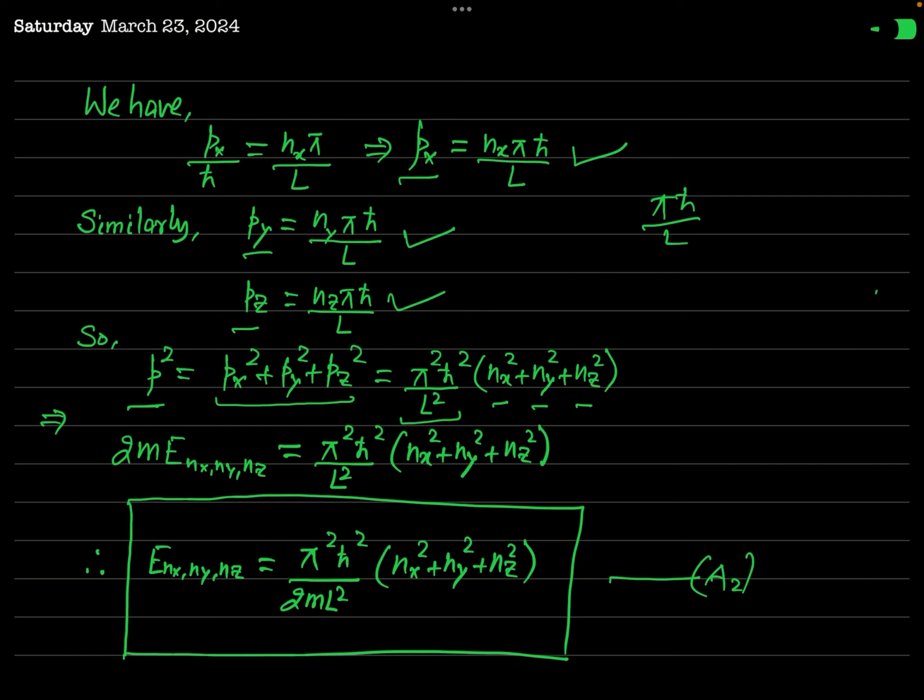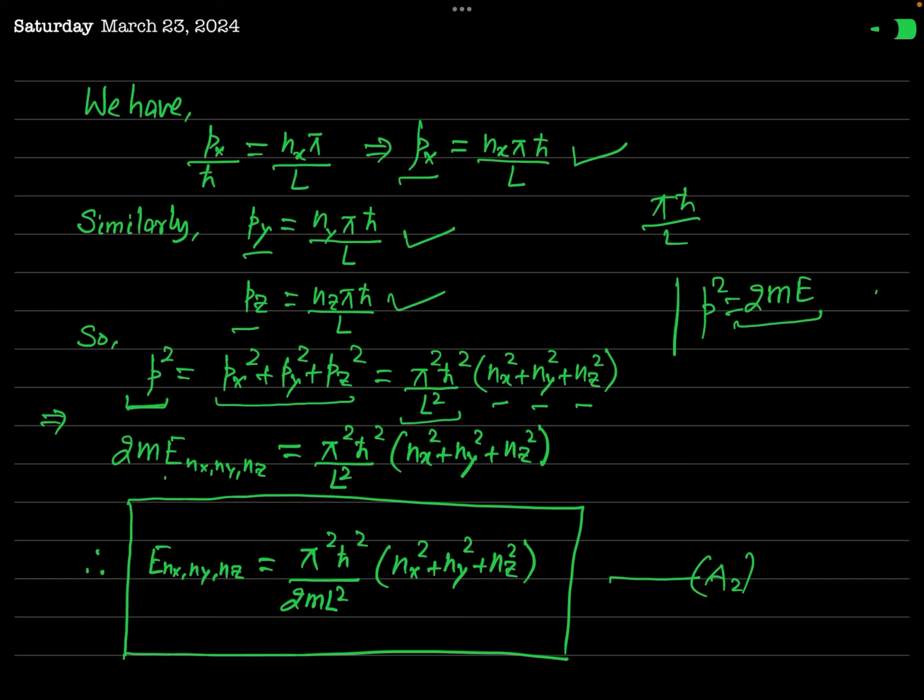Okay, but we have seen earlier that this p square is equal to 2mE. So this p square will now be replaced by 2mE, but in place of E, I have written E nx, ny, nz. Here the quantum numbers nx, ny, nz have been written as subscripts of E. Why?